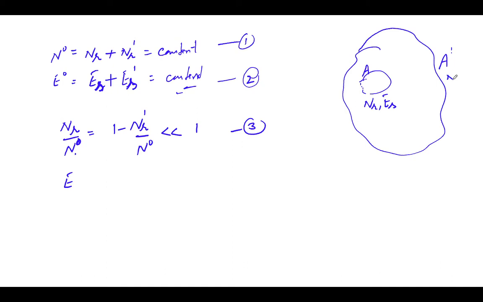So Es over E naught is 1 minus Es dash over E naught, which is very small compared to 1. These conditions 1 to 4 hold at the equilibrium point, when the energy and N for the heat reservoir and the system are in a state of equilibrium.